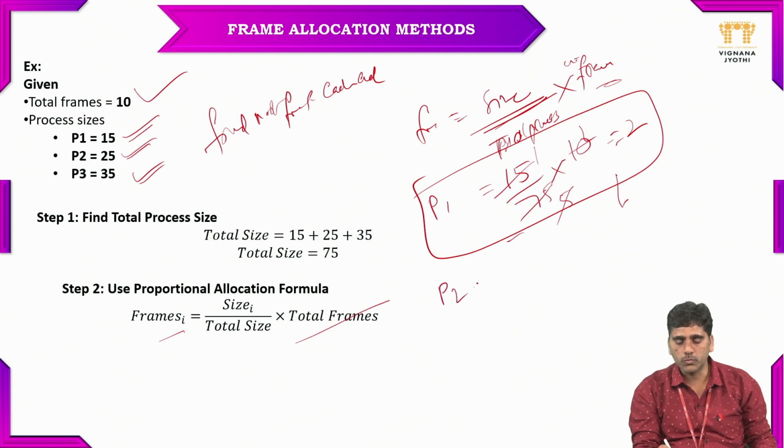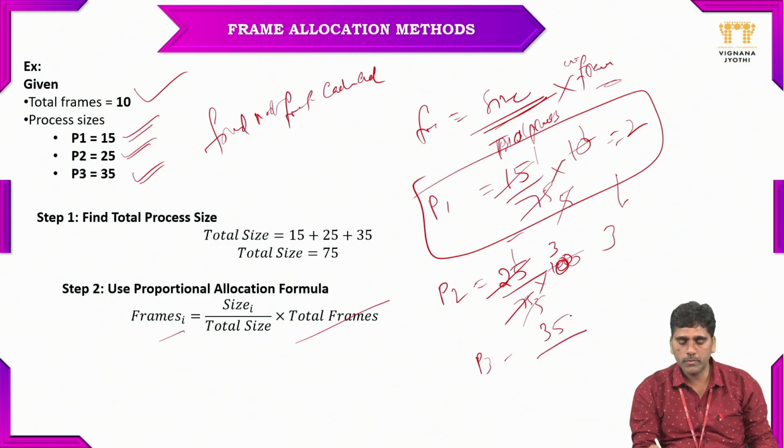For P2, what is the thing? 25 divided by 75 into 10, 10 frames. So 25 into 3 times, then next 3 into 3 times. So the total number of frames required is 3. And similarly for P3, the size is 35 divided by 75 into 10.